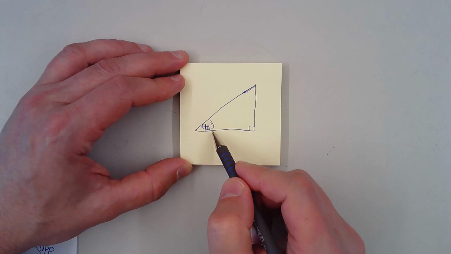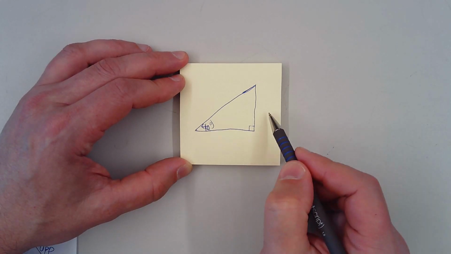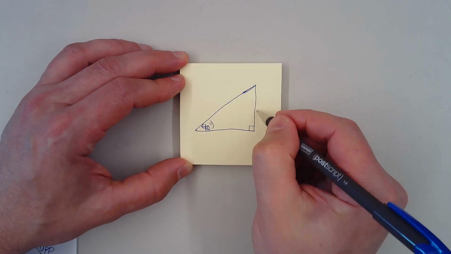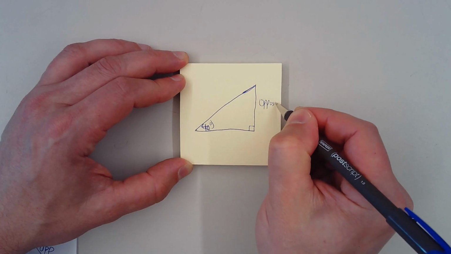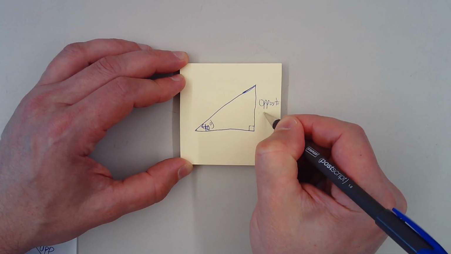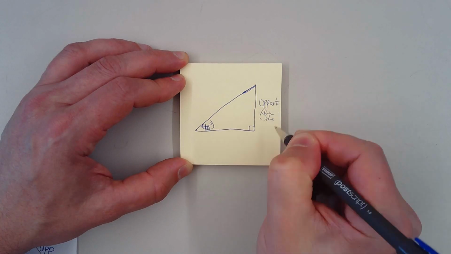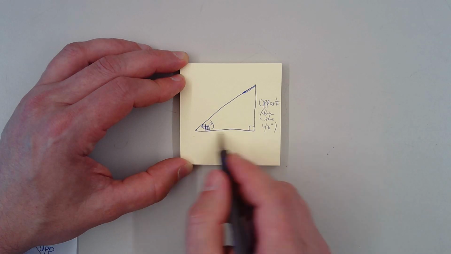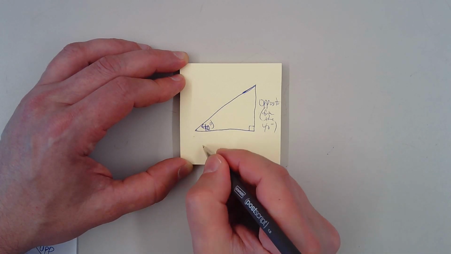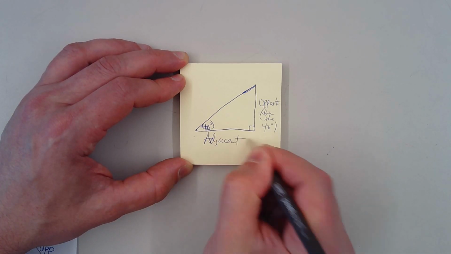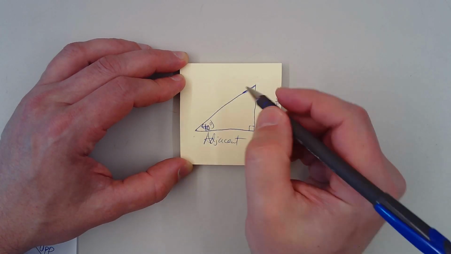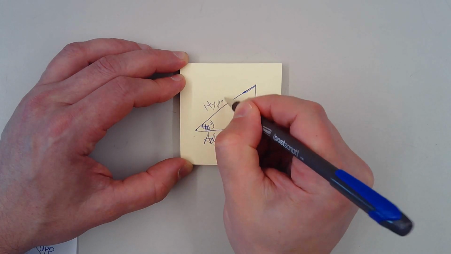If this is the angle I'm going to be using in my calculator, what's this side called over here? That is the opposite, from the 40-degree angle. Then what would this side be called? That's the adjacent. And the longest side, it doesn't matter where the angle is, this side's always called the hypotenuse.